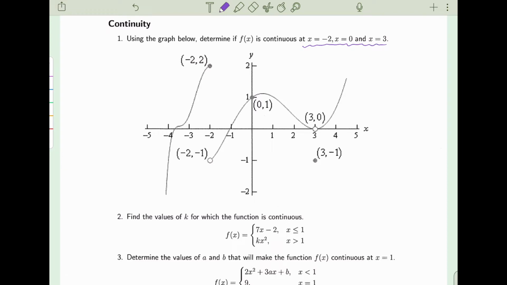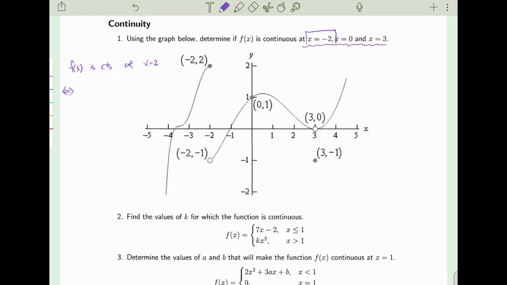So firstly, we need to be sure what the definition is for f of x to be continuous at some point. For example, for this point, I'm going to write out the definition. F of x is continuous at x equal to -2.